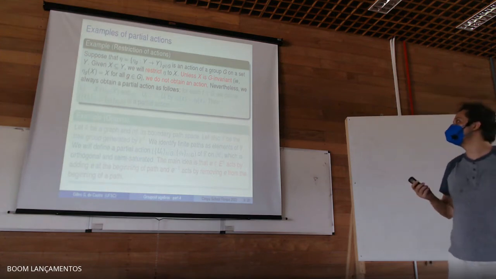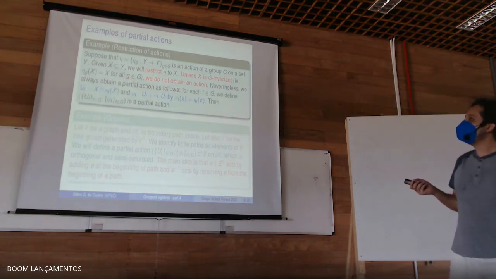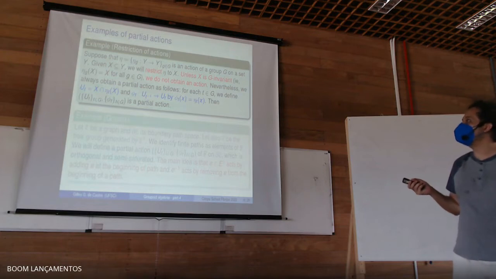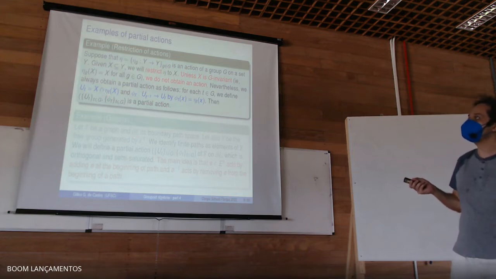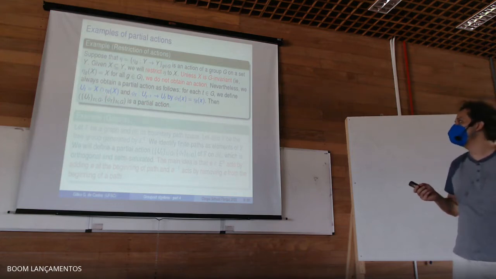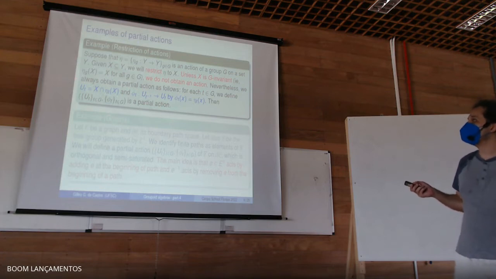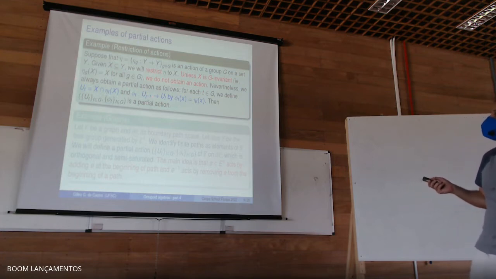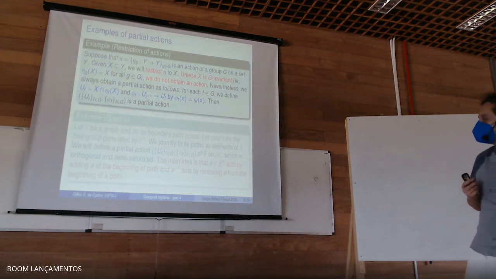And how we do this is we take this U_t to be the elements of X that, when you apply eta_t, remain in X. So we take this intersection. Once you do these definitions, we see that we can apply phi_t like this, and it's going to remain in the sets.